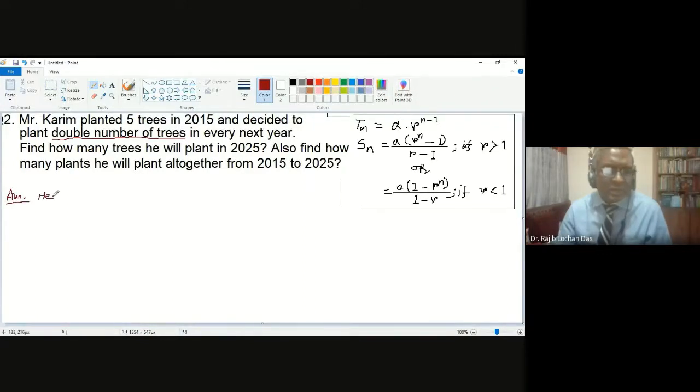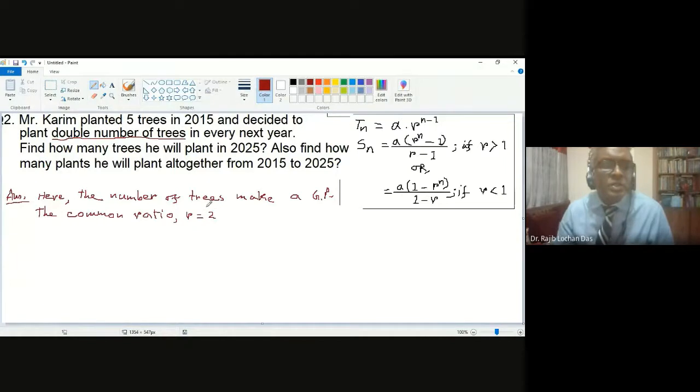Here the number of trees make a GP. The common ratio, that means r equal to 2.